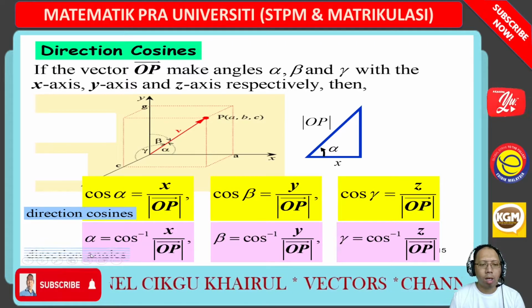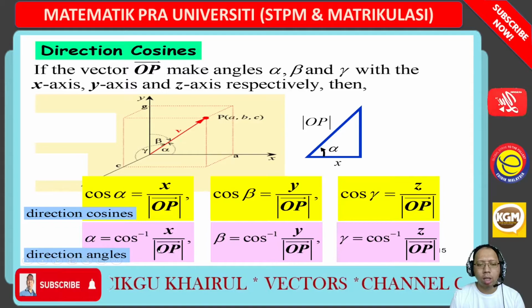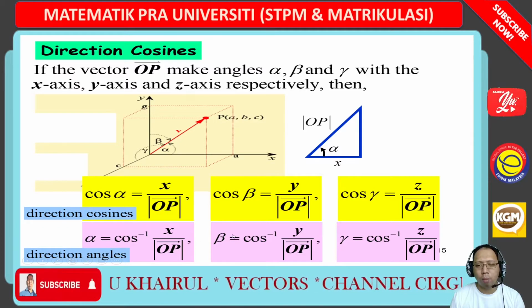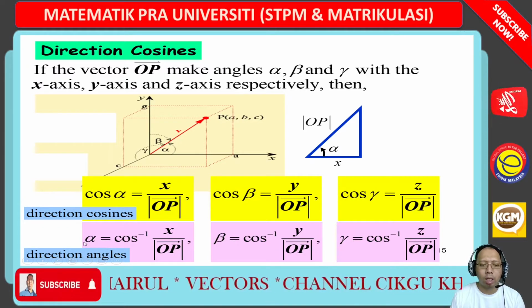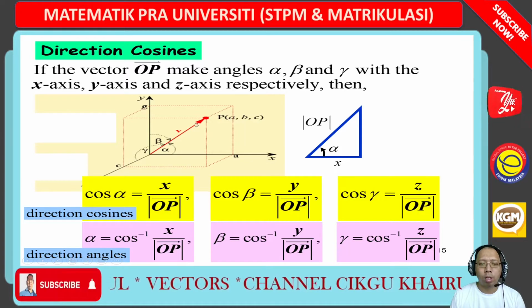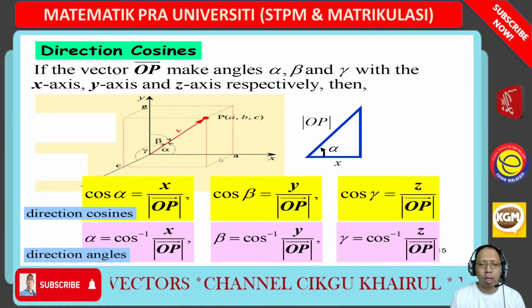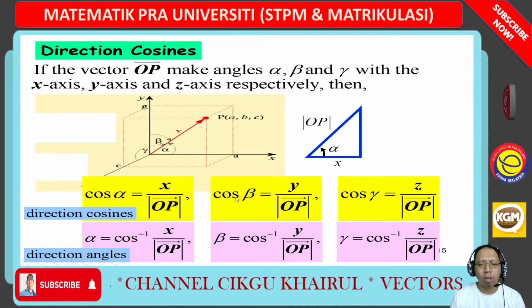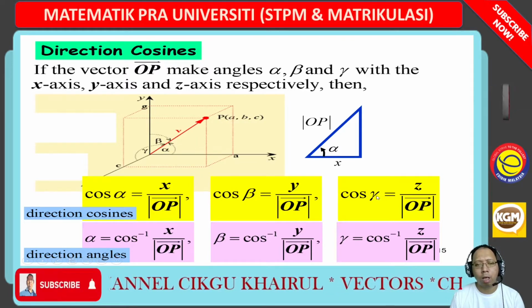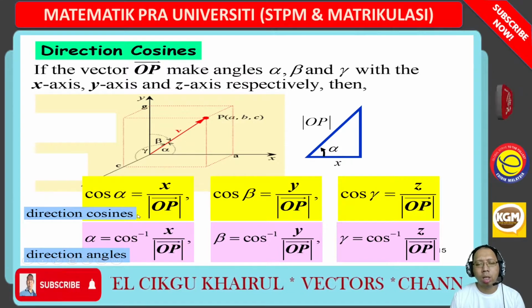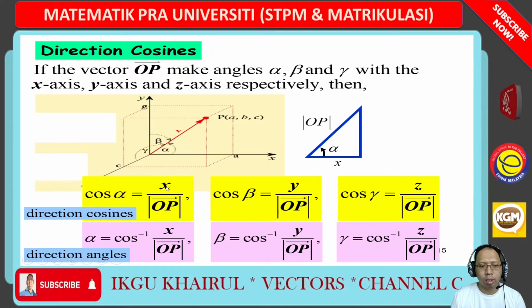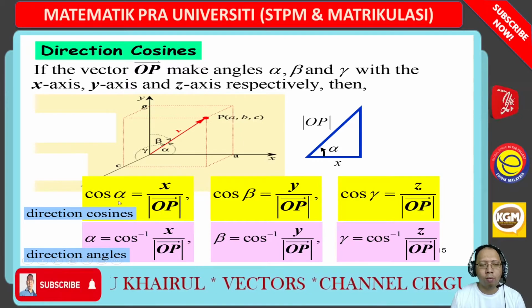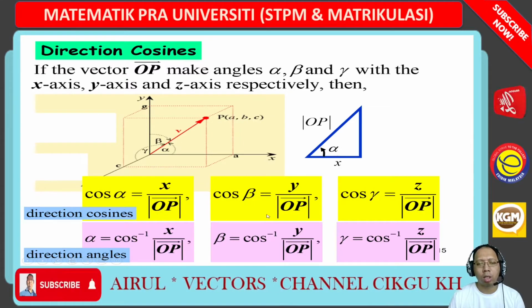And this one, we call it direction angle. So alpha, beta, and gamma represent the angles from vector P to the x, y, and z axes. And the values of cos alpha, cos beta, and cos gamma, we call direction cosines. Okay, not the angle, the value of cos alpha, cos beta, and cos gamma.